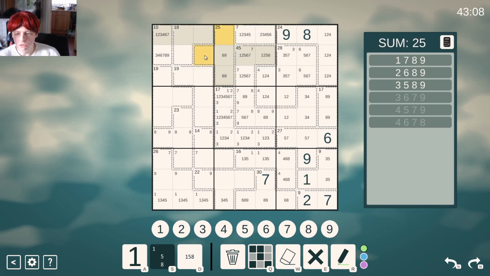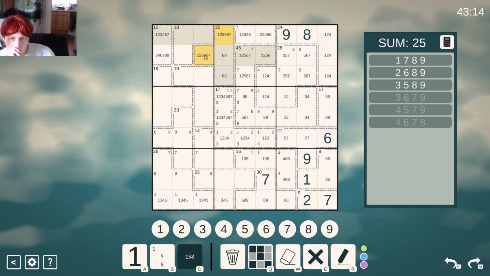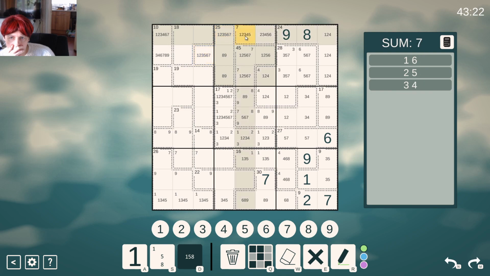That's a combination of 1, 2, 3, 5, 6, and 7. That could contain a 4. Right, what can this be? This could be 1, 6, 2, 5, or 3, 4.